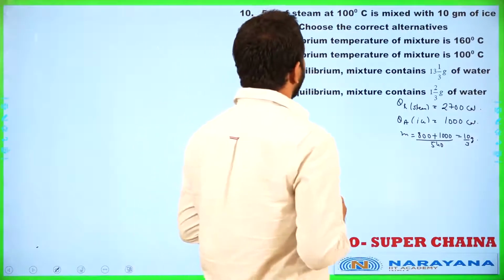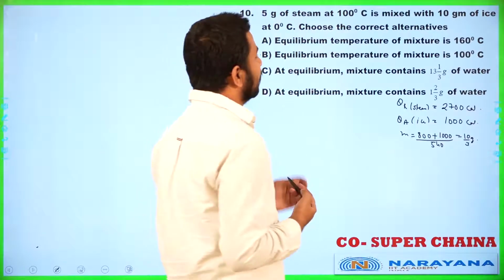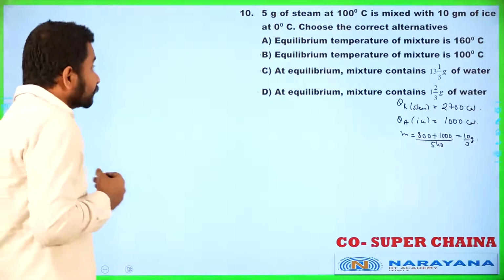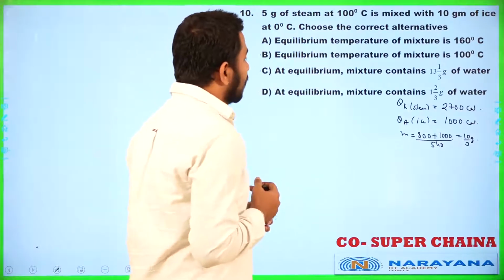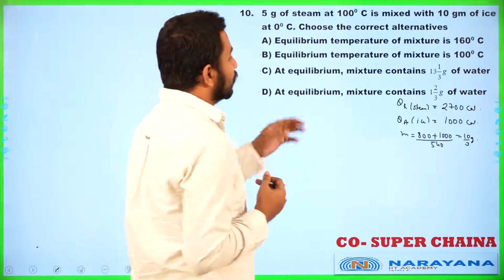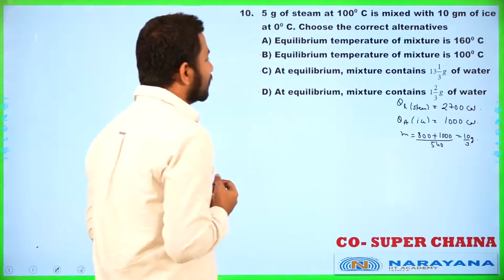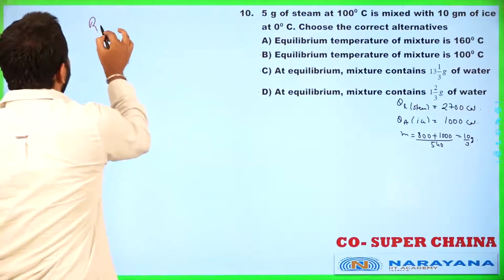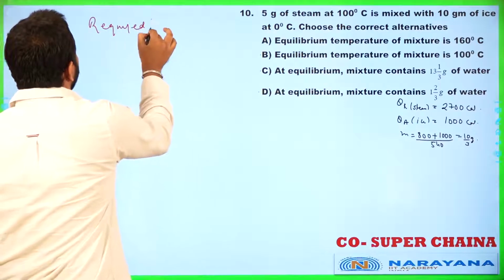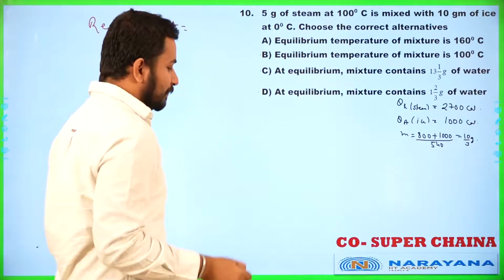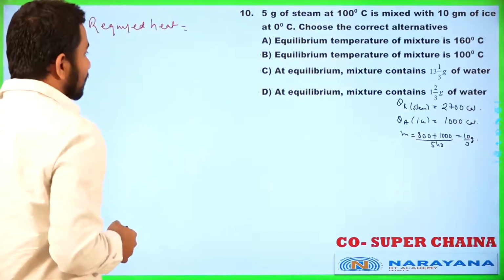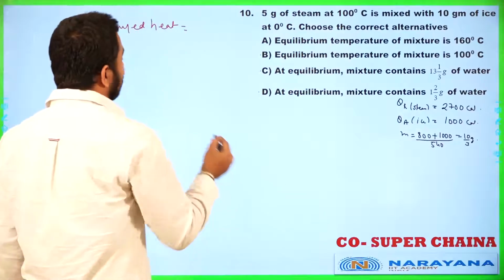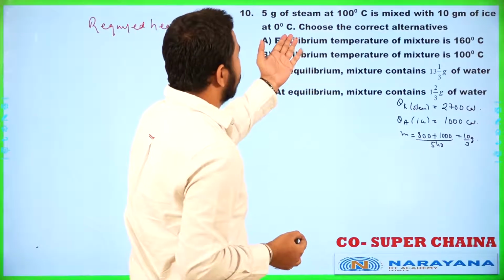5 gram of steam at 100 degrees Celsius is mixed with 10 gram of ice at 0 degree Celsius. You have to choose the correct alternative. So if you see here, student, for steam, what is the required heat? The required heat for steam is for the change of state.